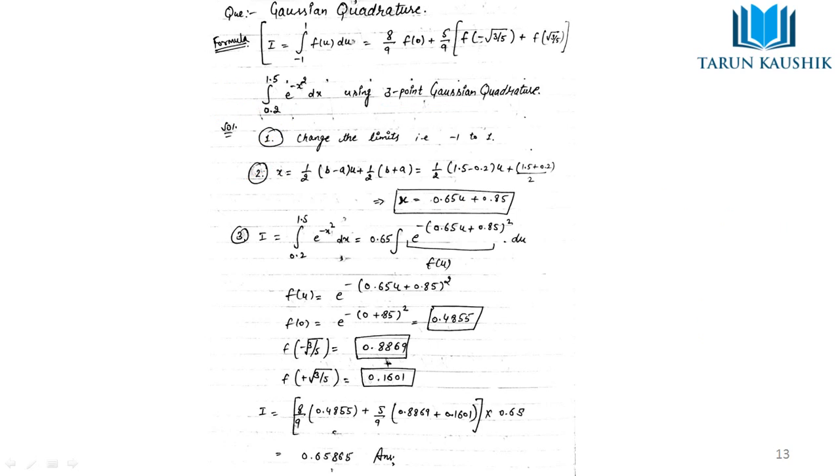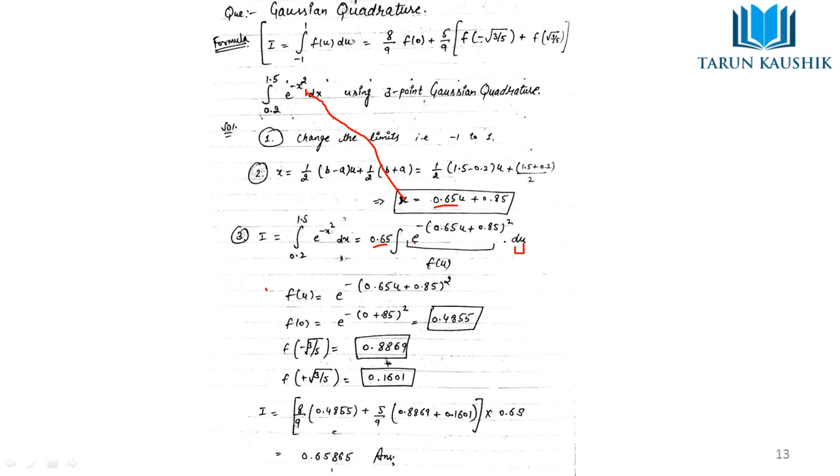Now this is x. What is the derivative? dx will be 0.65 into du, because the derivative of the constant is 0. Since the function is e raised to power minus x square, we put in the value of x and dx, and we get the function of u.